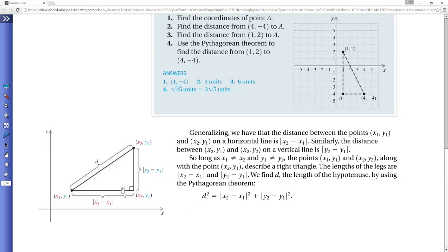They say, well, using the Pythagorean theorem, I'd square this absolute value, which is the distance right here, and then I square this absolute value, which is this distance right here, and that should add up to the hypotenuse squared, this distance that we're looking for squared.